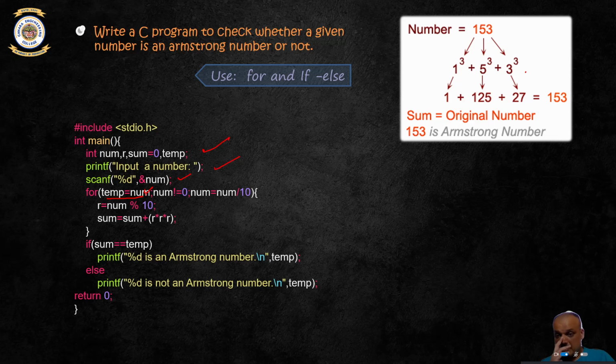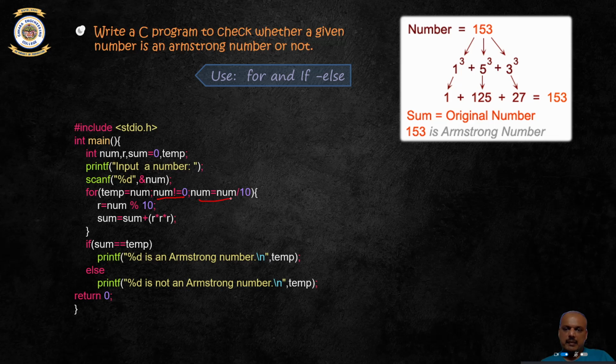Initially I store this number into a temporary variable temp, and I use num to start changing the values and then find out whether the given number is an Armstrong number by comparing it to the temp variable. Till where should I repeat? Till num becomes 0, till I exhaust all the digits in the number. So till num not equal to 0, that will be my exit condition.